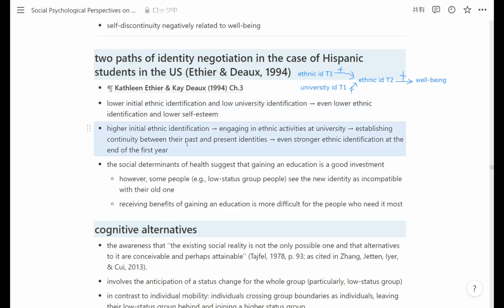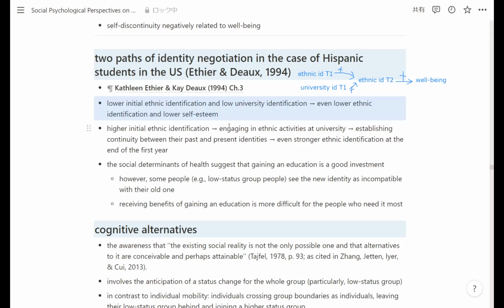And on the contrary, those with higher initial ethnic identification engaged in ethnic activities at university, and they established continuity between their past and present identities, and then had even stronger ethnic identification at the end of the first year. So unlike those who have lower initial ethnic identification, okay, let's think about lower ethnic identification people again.